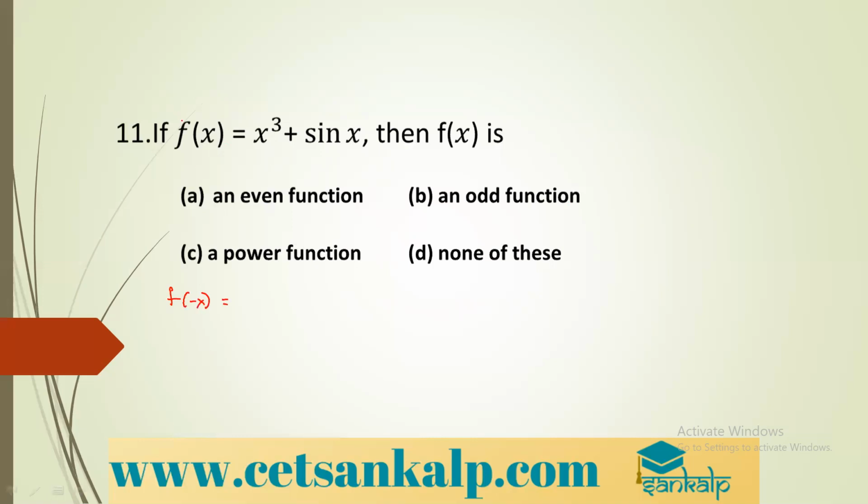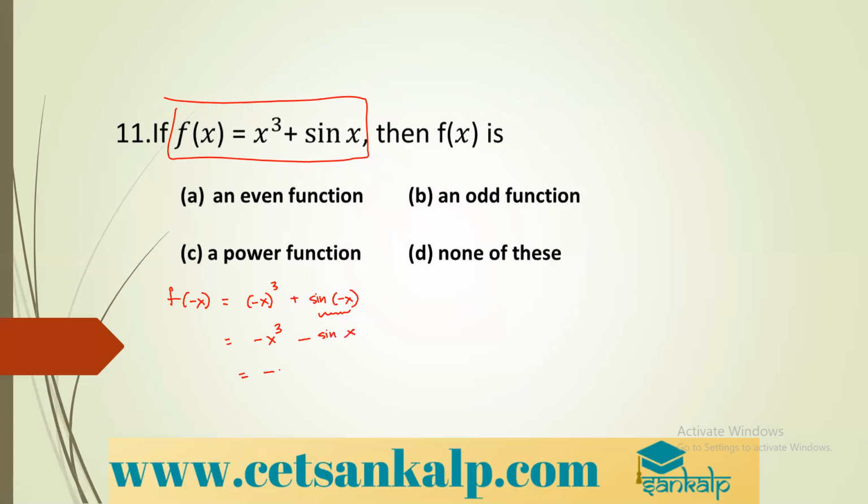Because I know what is f of x, I will put x as minus x, then cube it, plus I will put sine of x as minus x. So when I take minus x cube, I will get minus x cube. And sine of minus x is minus sine x.